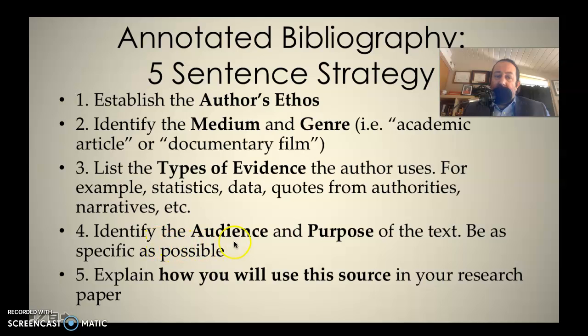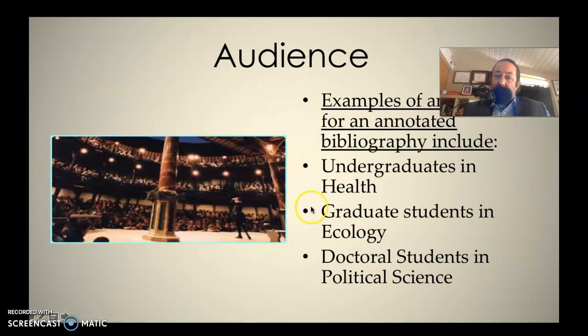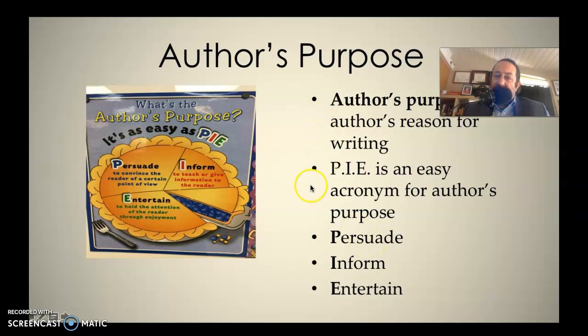Part 4, identify the audience and the purpose of your text. Again, there's a page on that. For audience, you're narrowing it down by level of education and field of study, and purpose. Think about PIE.